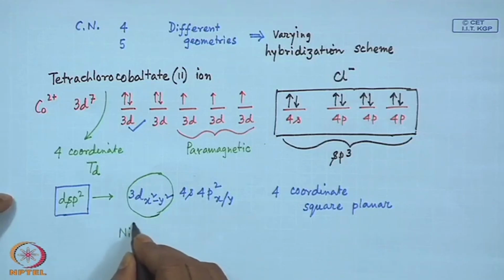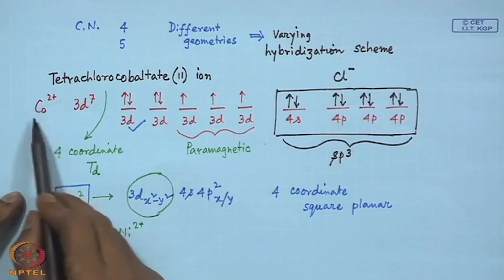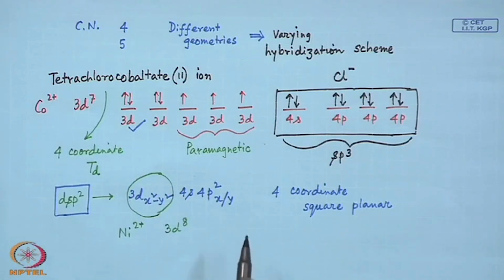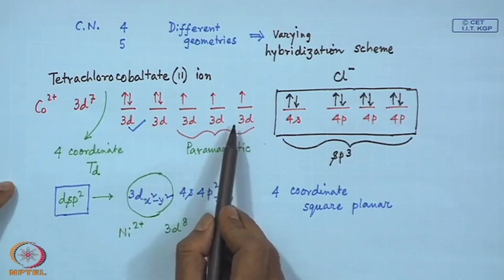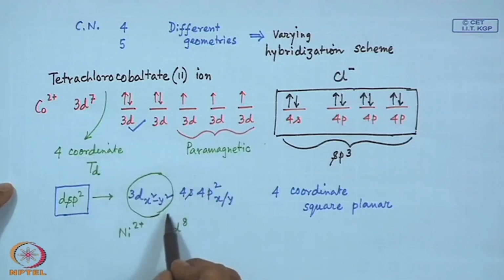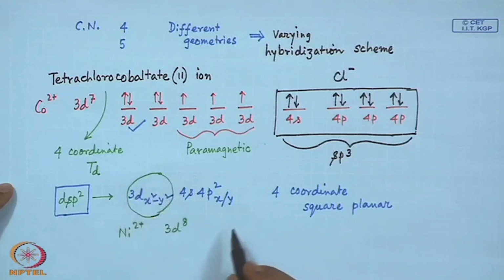So if it is Ni2+, we all know it has the next element like cobalt 2+, so it will have 3d8 electron configuration. In case of cobalt compound, we are having 5 orbitals available to accommodate 7 electrons. Now we have utilized one of such d orbitals which are in the xy plane.